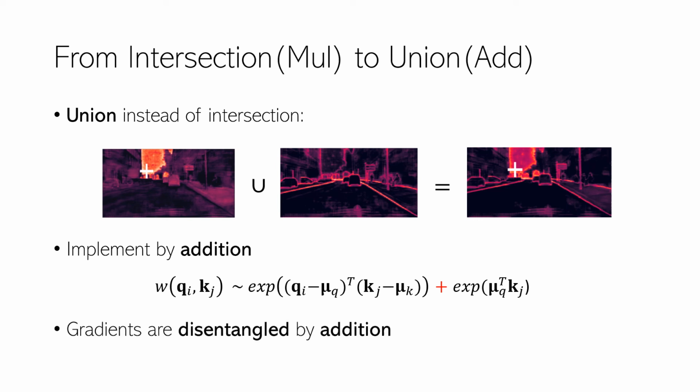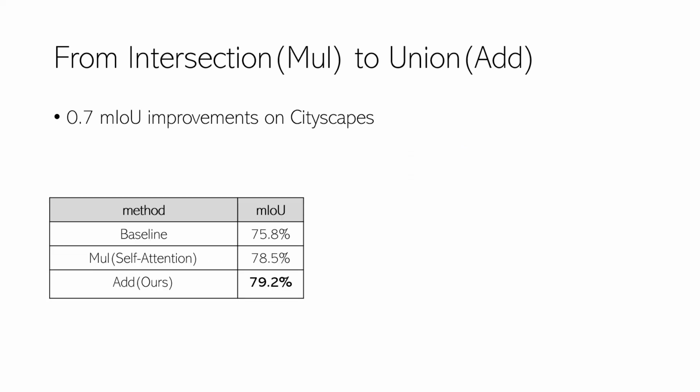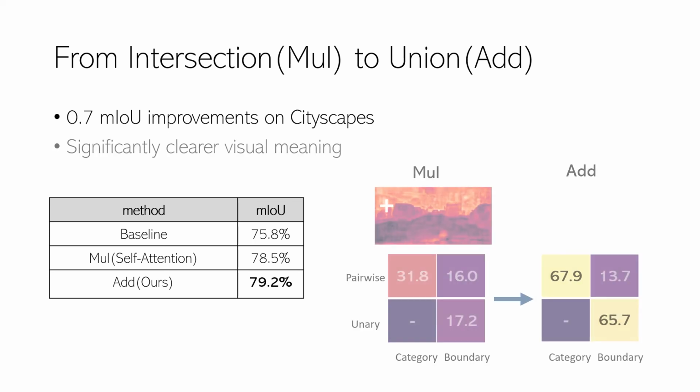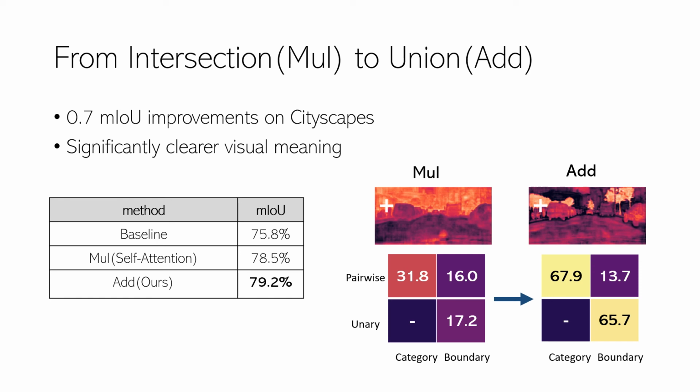By using an addition operator, the gradients of the unary and pairwise terms are also disentangled. On Cityscapes, we observe 0.7 improvements by using addition to replace multiplication. And the visual meaning is also significantly clearer. Please see this illustration.